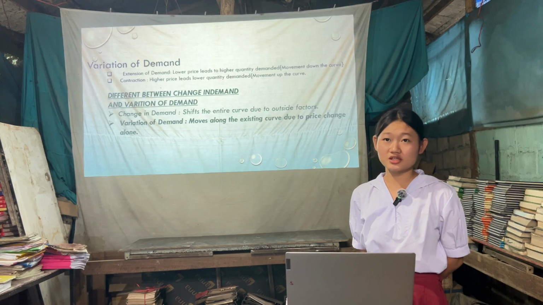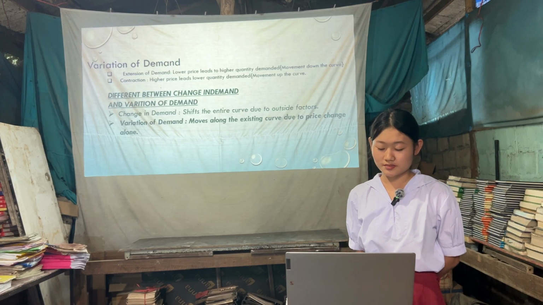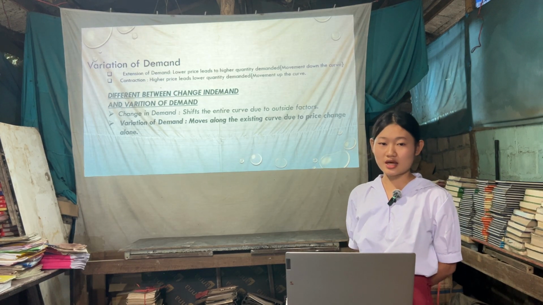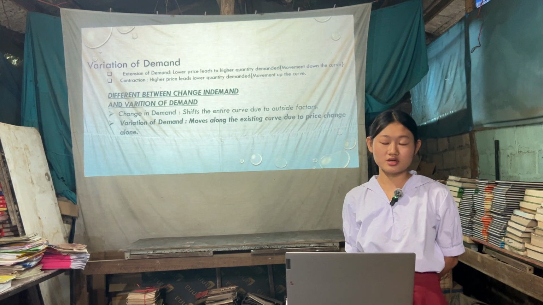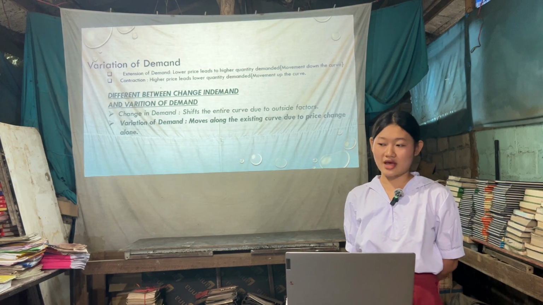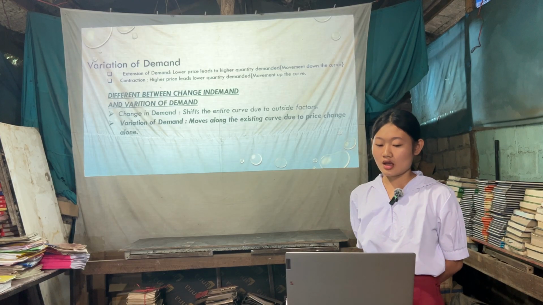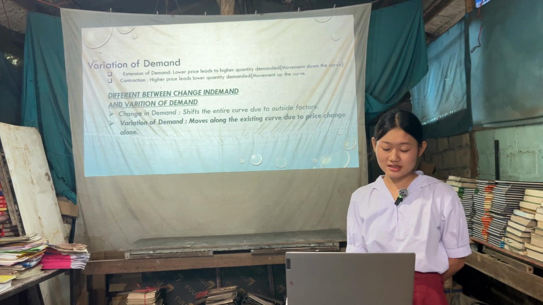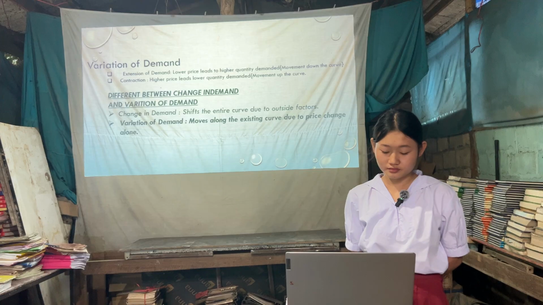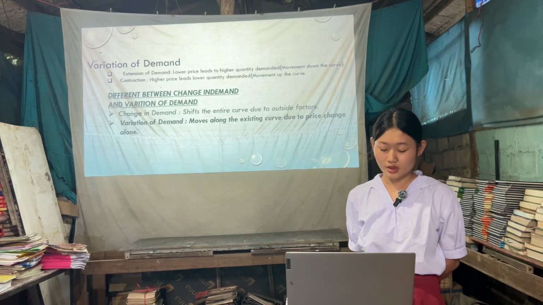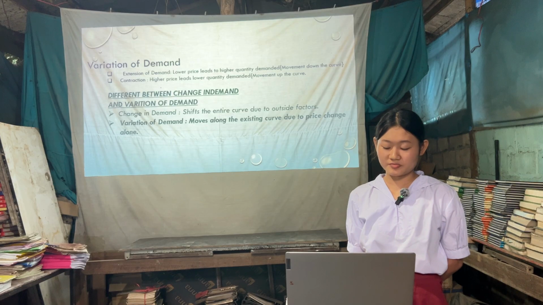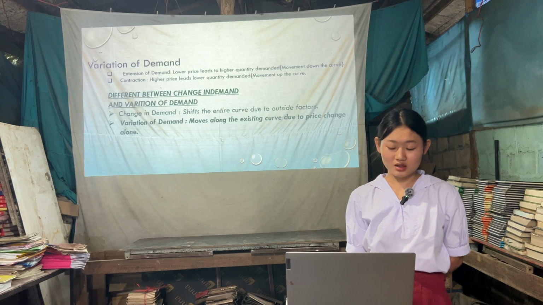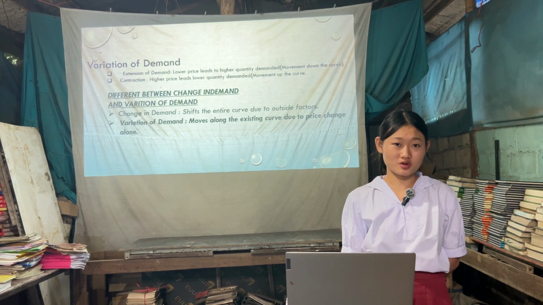The difference between change in demand and variations of demand. Change in demand, increase and decrease in demand: the whole curve shifts to the right or left, and the price does not change. It is caused by changes in consumer incomes, trends, or weather. Outside factors change, not the product price.